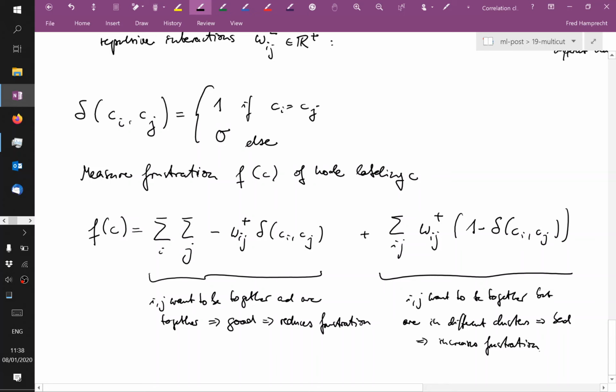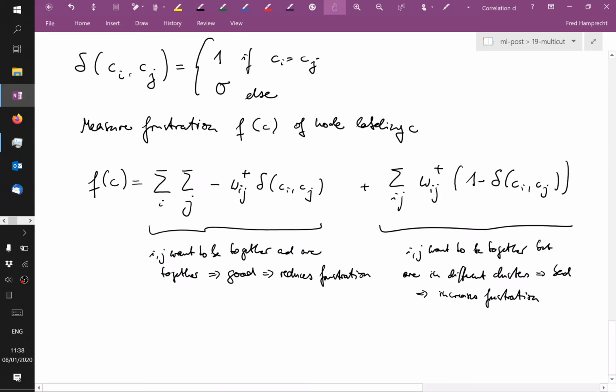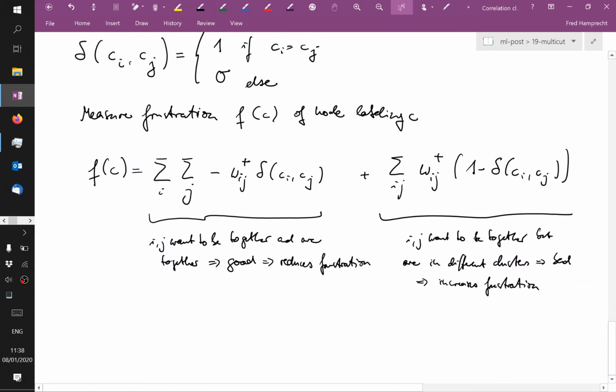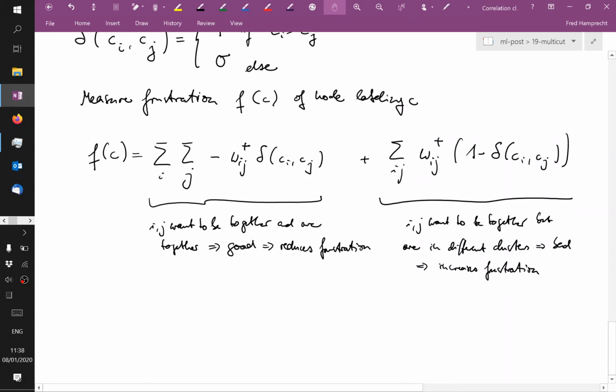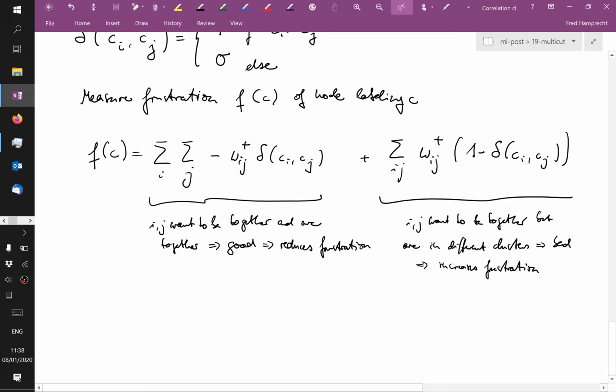Shouldn't there be a minus over the W? No, I'm still looking at attractive interactions. Okay. So they want to be together, but they are not, and now comes the minus. You're completely correct. So let's look at the repulsive interactions. At first, the enjoyable ones. So wij minus.